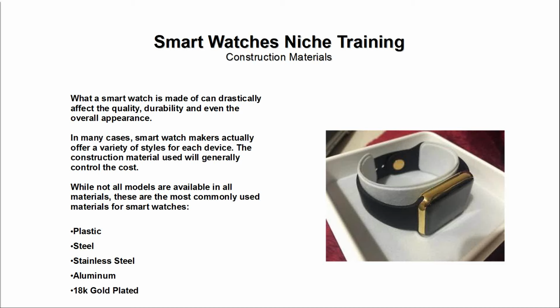So it can actually be pretty important to have some information relating to this to let people know what kind of choices they have available if they're looking for one very specific construction material. If somebody wants an 18 karat gold plated smartwatch, what choices do they have? Obviously the Apple Watch, do they have additional choices beyond that? Information like this will be commonly sought after.